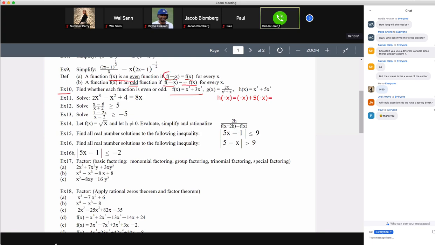Note that in both cases we have f of minus x. So either way, we have to evaluate this. To check whether a function is even or odd, all you have to do is evaluate f of minus x.